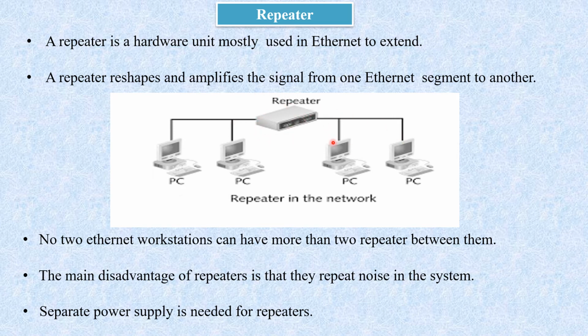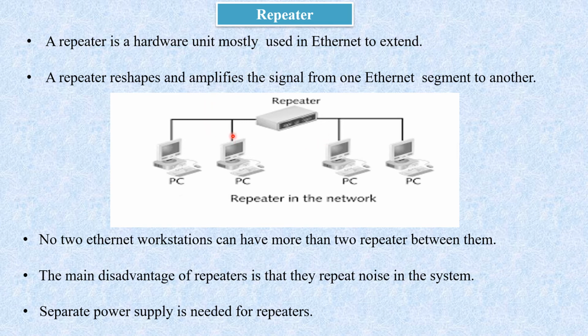Now what does this repeater do? The repeaters amplify the signal which has got attenuated during the course of transmission. While transmitting, the signal becomes weak because of the physical conditions imposed on it. So before sending it to the next node, the repeater first amplifies the signal and then sends it.